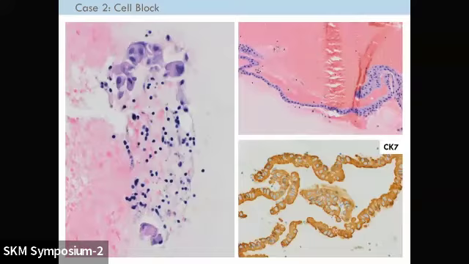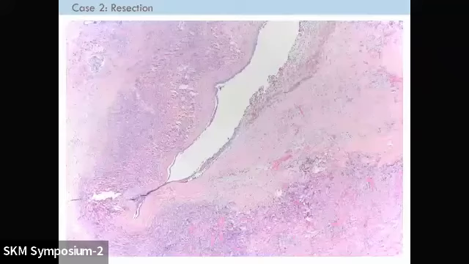And the patient underwent resection because there were a lot of concerning features seen on imaging, and also the cyst fluid CEA levels were increased.